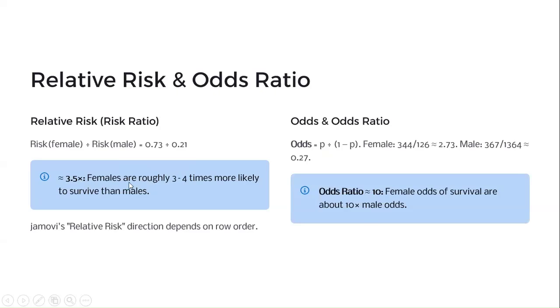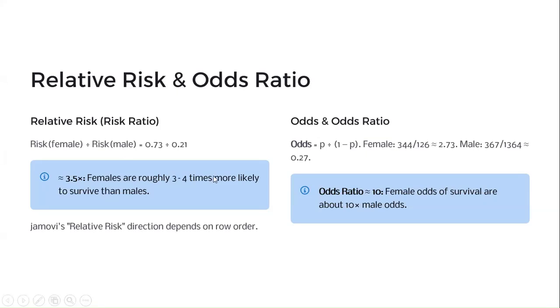This means females are roughly 3 to 4 times as likely to survive as males. Jamovi reports a relative risk value. If it's less than 1, that just means Jamovi is using the opposite comparison, which is male versus female. For interpretation, we usually phrase it in the direction we care about, here, survival in females compared to males.